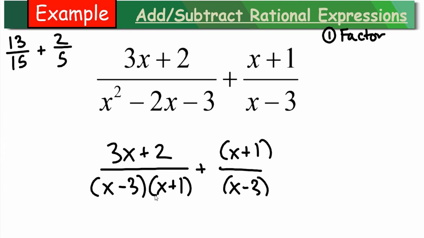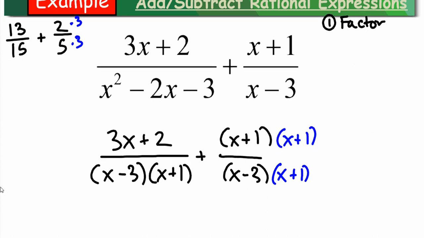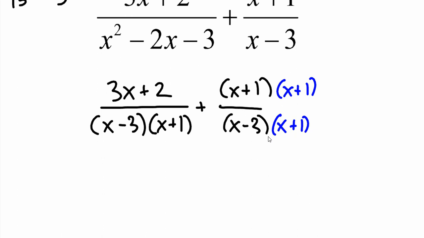I need to add these fractions, but they don't have a common denominator, just like these don't right here. Well, how do I get from 5 to 15? I multiply the top and bottom by 3. Same thing here. How do I get this bottom to be this left bottom? Well, it's missing an x plus 1, so I need to multiply the top and the bottom of this by x plus 1. Then I will notice, hey, they have a common denominator. I can simply add the numerators.